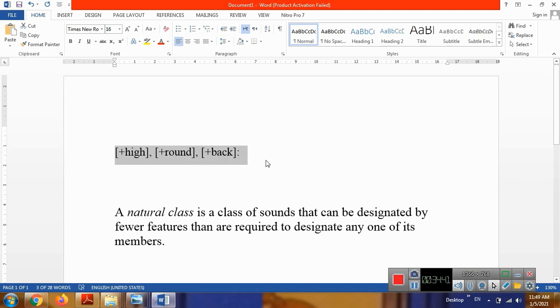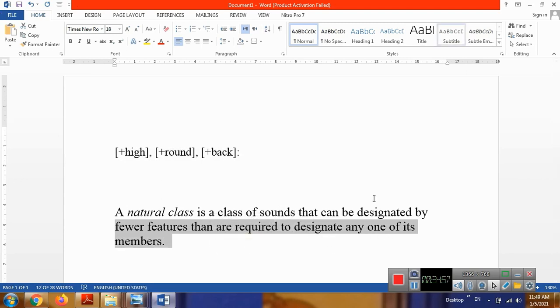According to these 3 features, we have just one of those 8 vowels. But by natural class, we mean the class of sounds that can be designated by fewer features than are required to designate any one of its members.